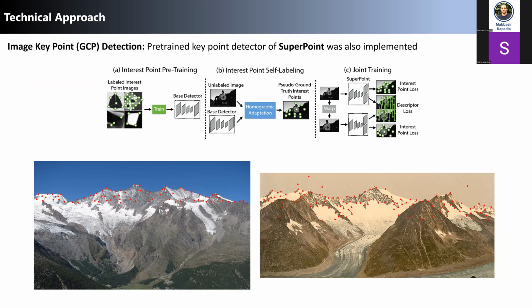I also tested this model on several images, but the challenge was that this model detects extra points, although it was very good for detecting the required features, for example, the peaks of mountains.